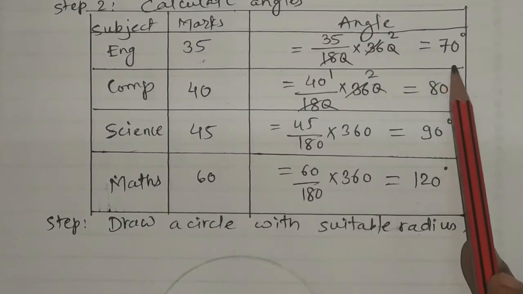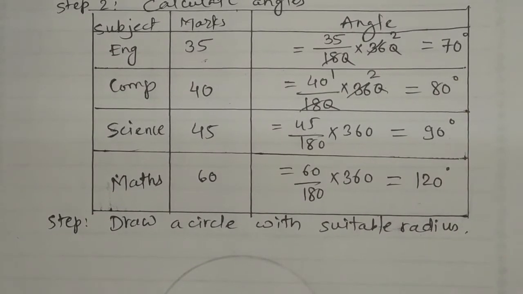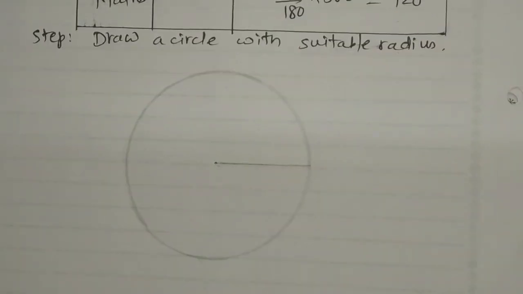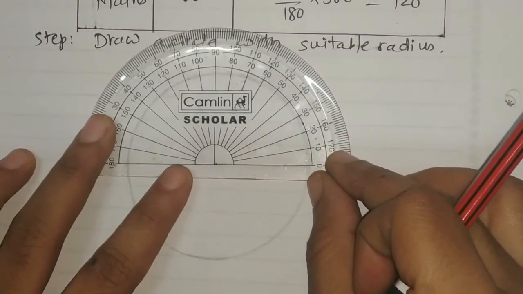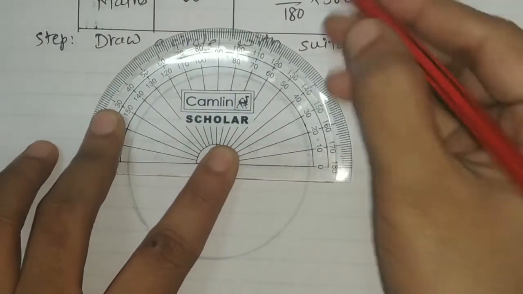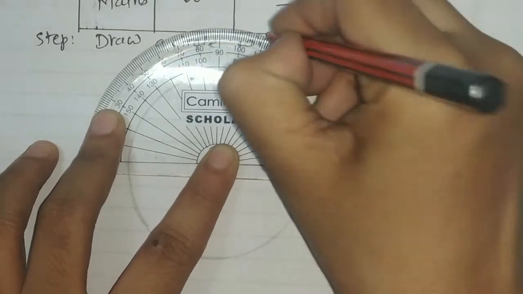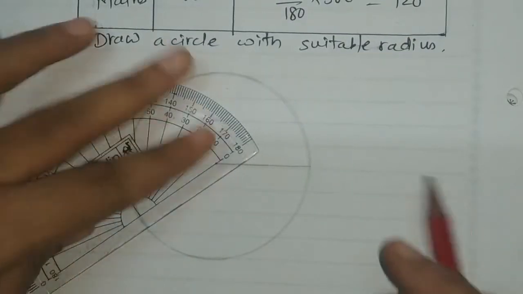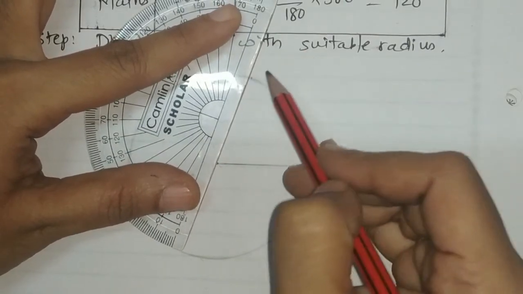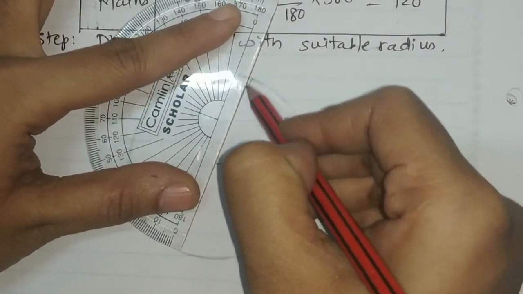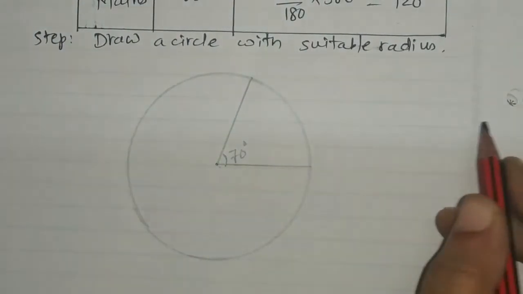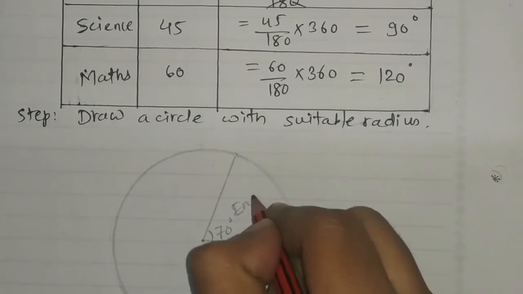First we are going to take 70 degrees. For taking 70 degrees, take your protractor and measure 70 degrees. Just mark out where the 70 degrees is going to be, on this side. It is an acute angle. Then afterwards you can stretch a line here and write down, this is 70 degrees and this is the English subject.